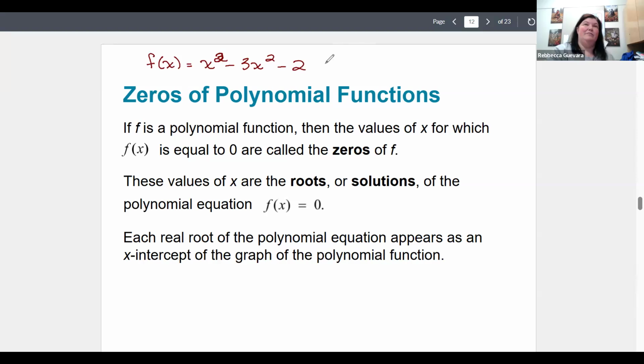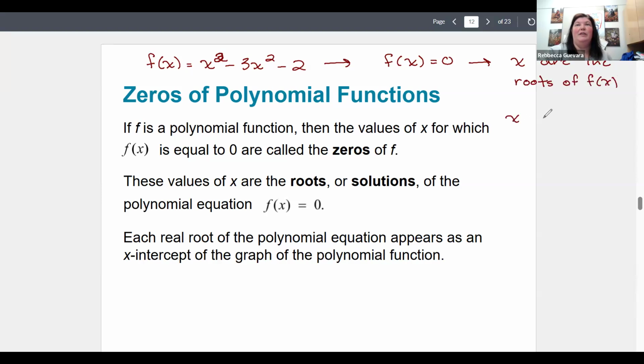Whenever f of x equals 0, those x are what we call the roots of f of x.